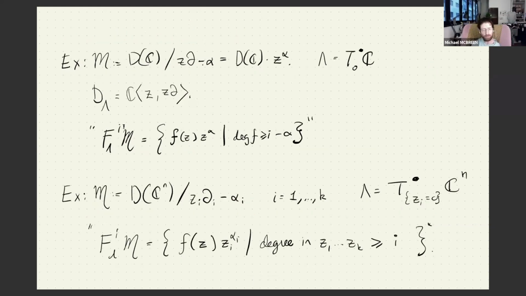But it's going to be differential operators generated by z and z d/dz. That just depends on lambda. And then our lambda filtration on our module is going to basically be by degree. You think of your module as Laurent polynomials times z to the alpha. We're just filtering by the degree of the Laurent polynomial.